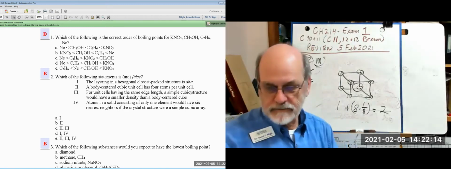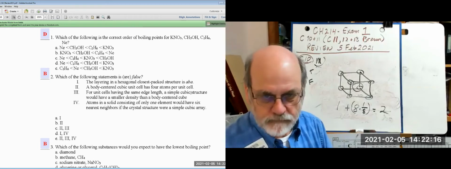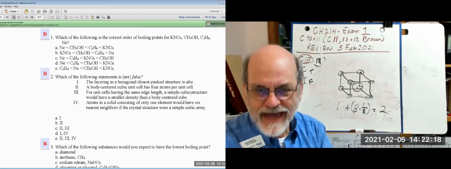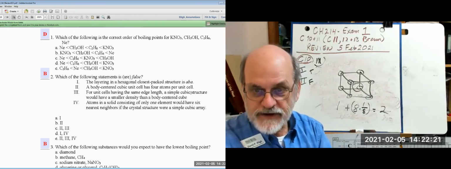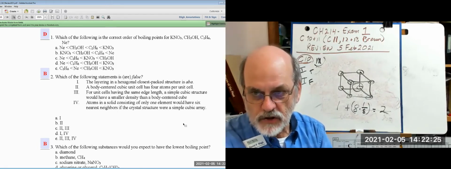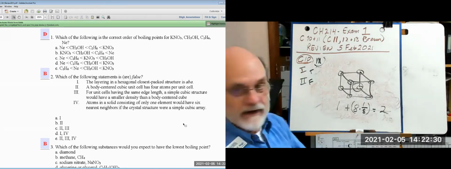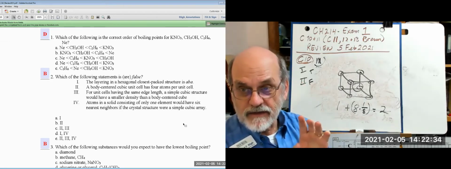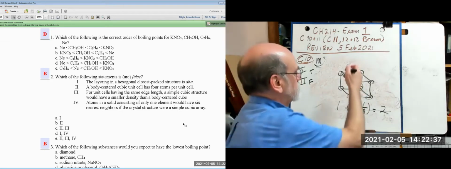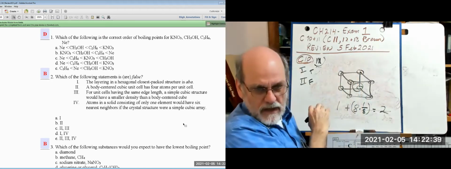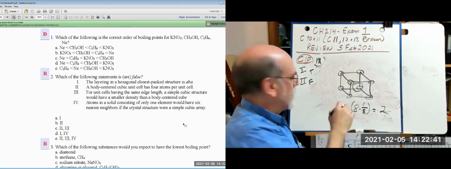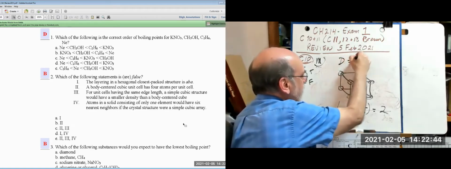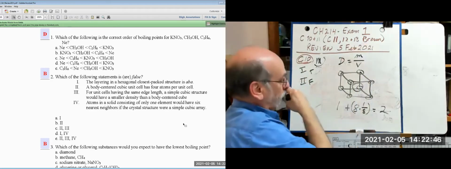How about 3? We found one false one. For unit cells having the same edge length, a simple cubic structure would have a smaller density than a body-centered cube. Think about it. If they have the same edge length, they have the same volume, true? Right. So density is equal to mass divided by volume.